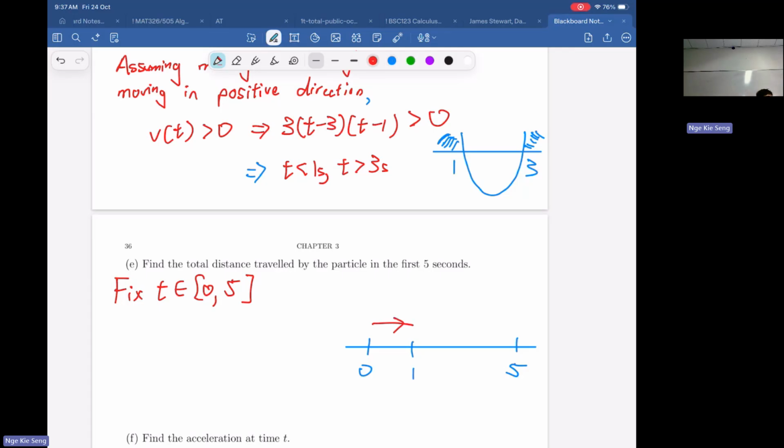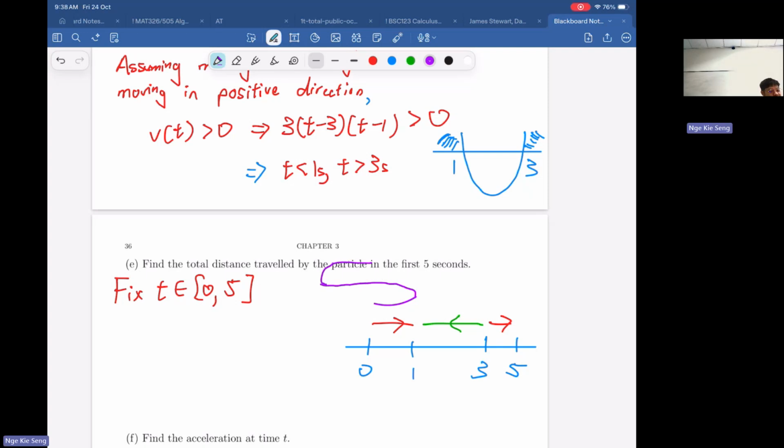This is what we know just now. But what happened from 1 to 3? It moved in the negative direction, so it moved to the left. How about 3 to 5? Again, it moves to the right. This is from the earlier part we know just now. So how does this particle move? You go to the right, then you go to the left for 2 seconds, and then you go to the right like that.